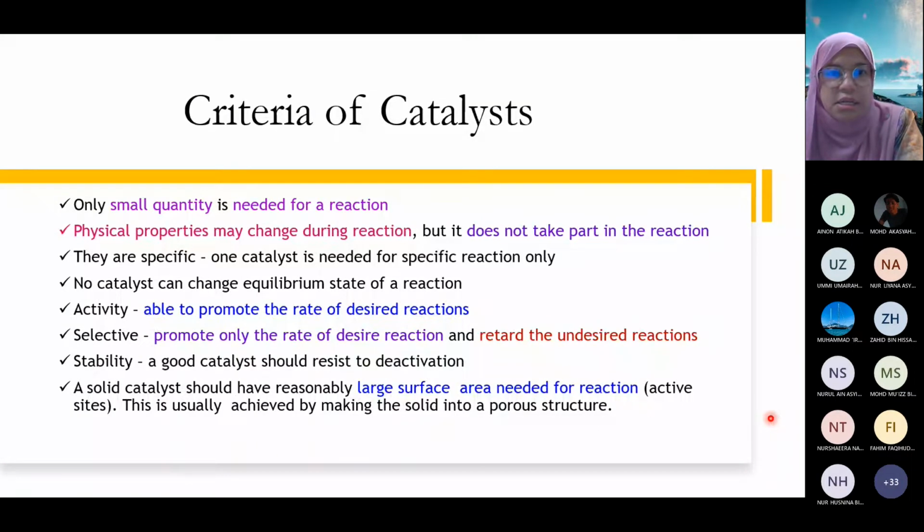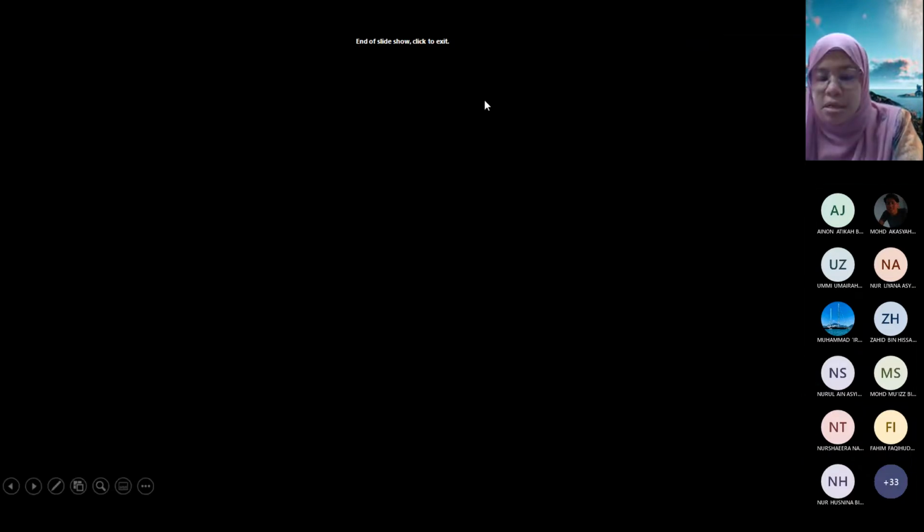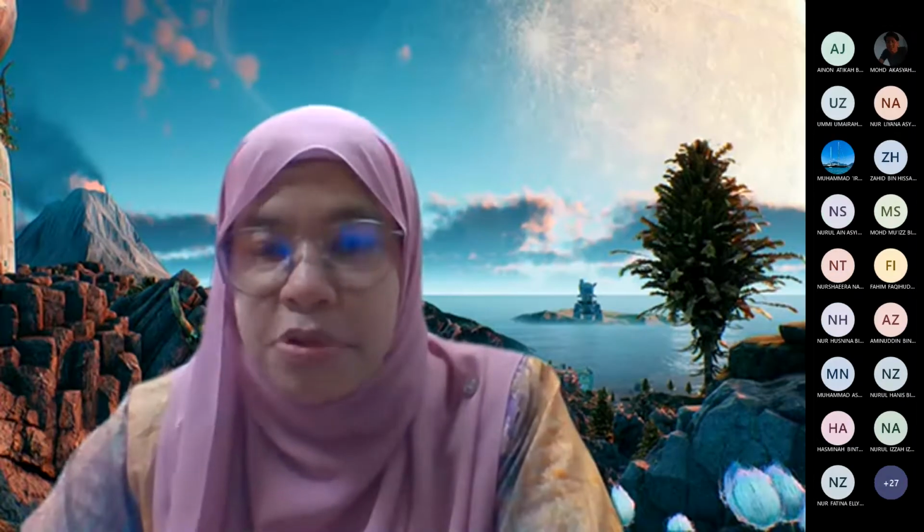This is again the same thing, the criteria, so it is repeating. This is the summary of this topic, introduction to catalysis. You can read this yourself later. Okay, we are done with part 1. We will take a short break. After this, we go into the most important part.